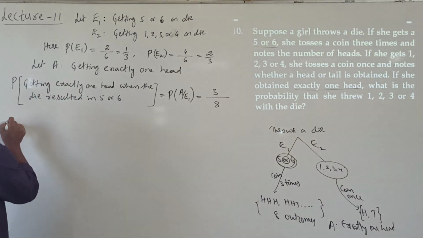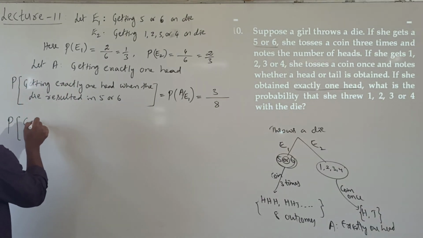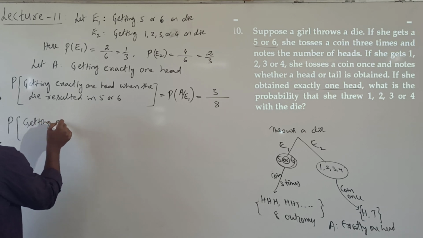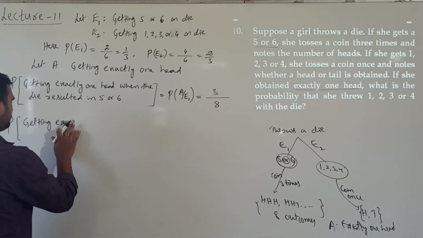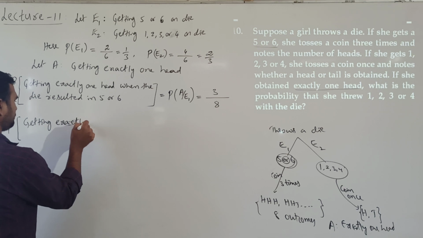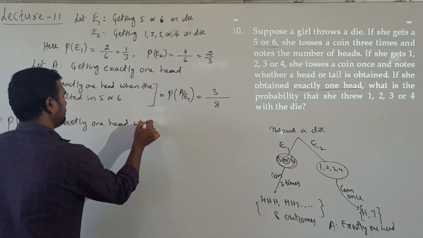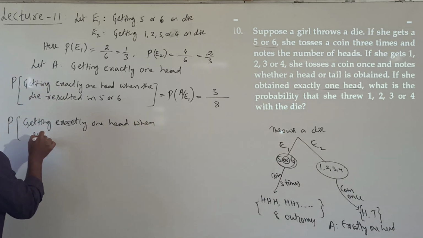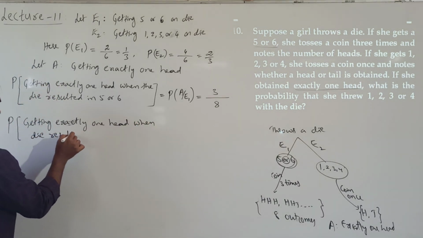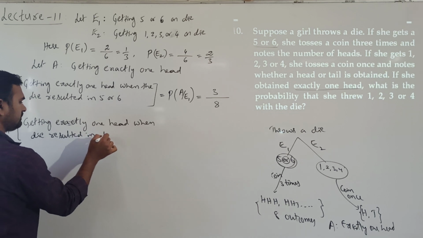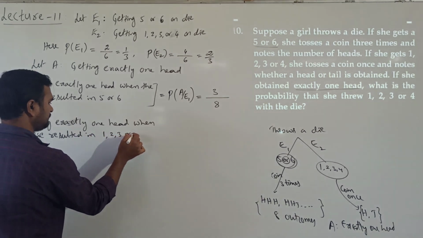Next, probability of getting exactly one head when the die resulted in 1, 2, 3 or 4.